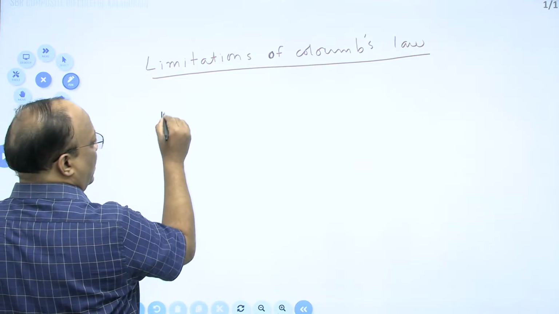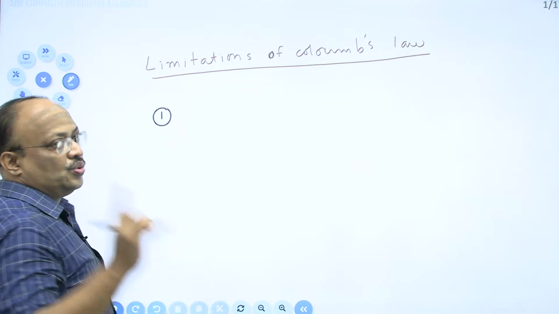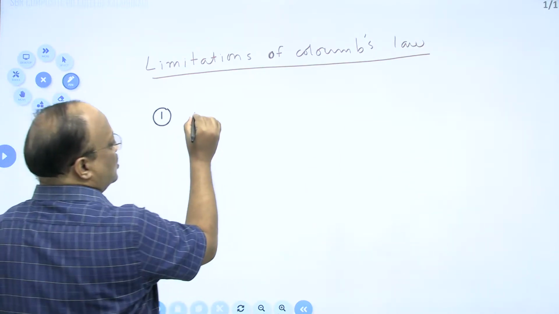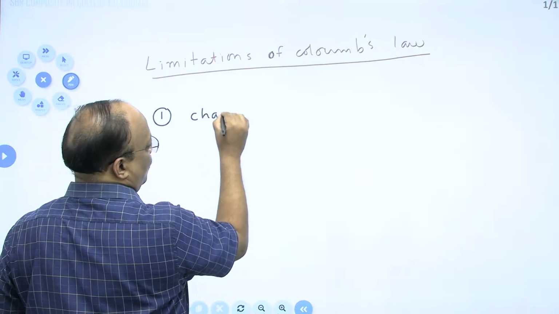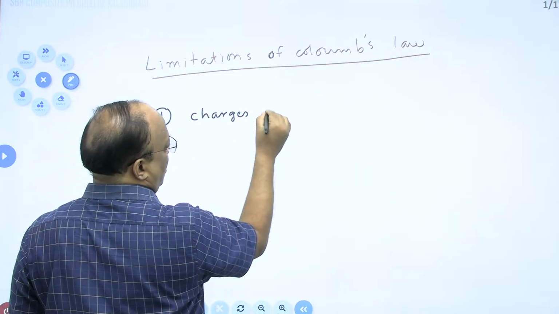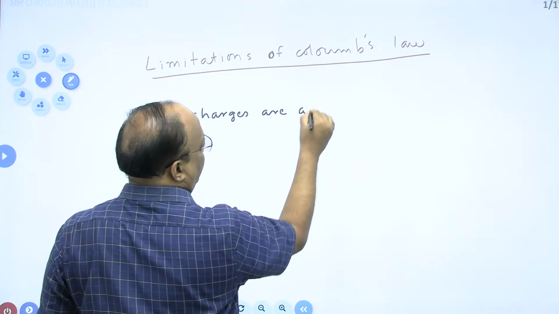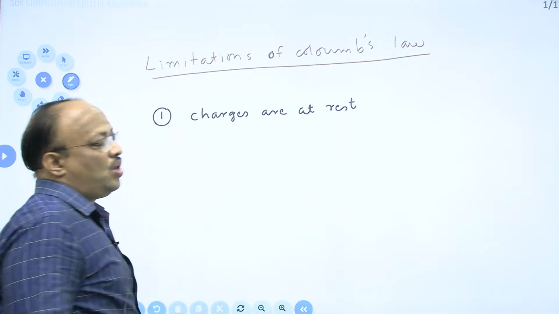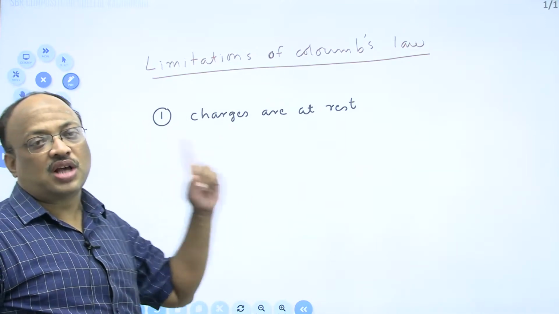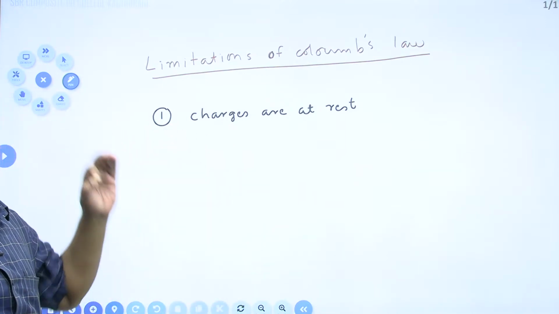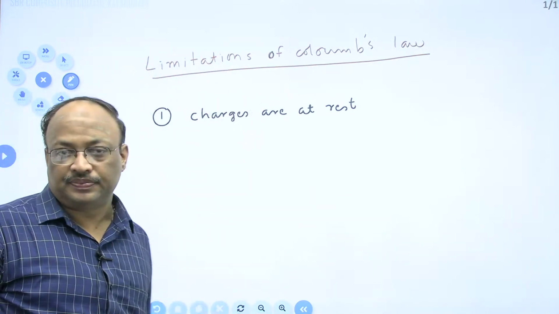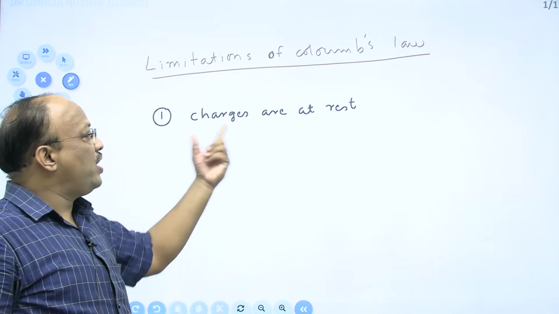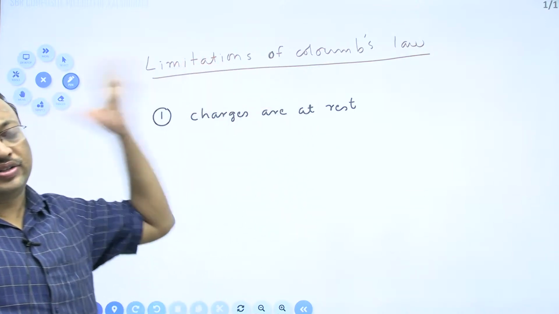The first limitation is that you can apply Coulomb's law only when the charges are at rest. If they are moving, you cannot apply it. You can find the force between them only if they are at rest.